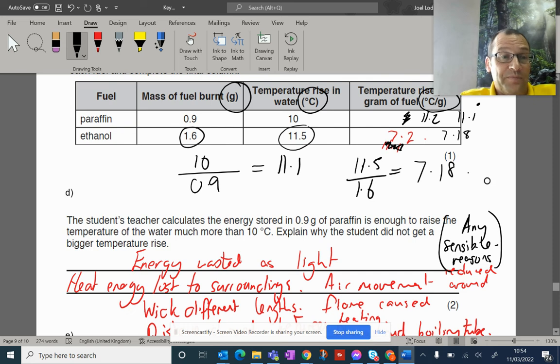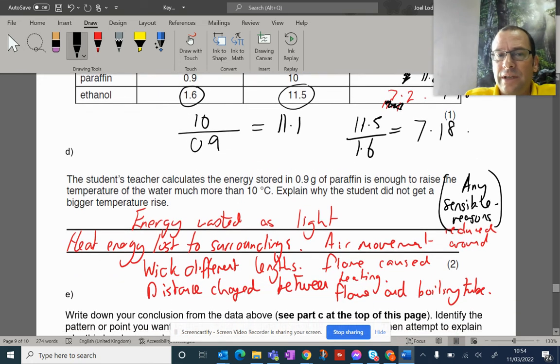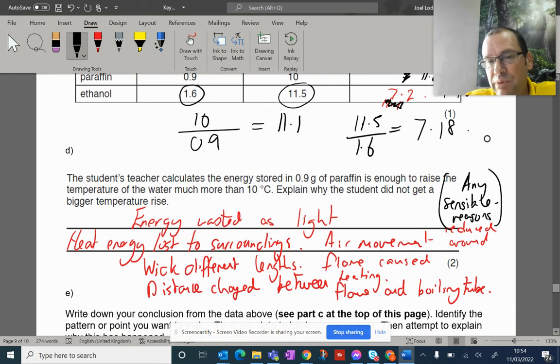All right, so if the student's teacher calculates the energy stored is enough to raise the water by much more than 10 degrees, so actually someone else got different results, why did the student not get a bigger temperature rise? So essentially, any of these reasons would be correct. Some energy is wasted as light, minimal really.